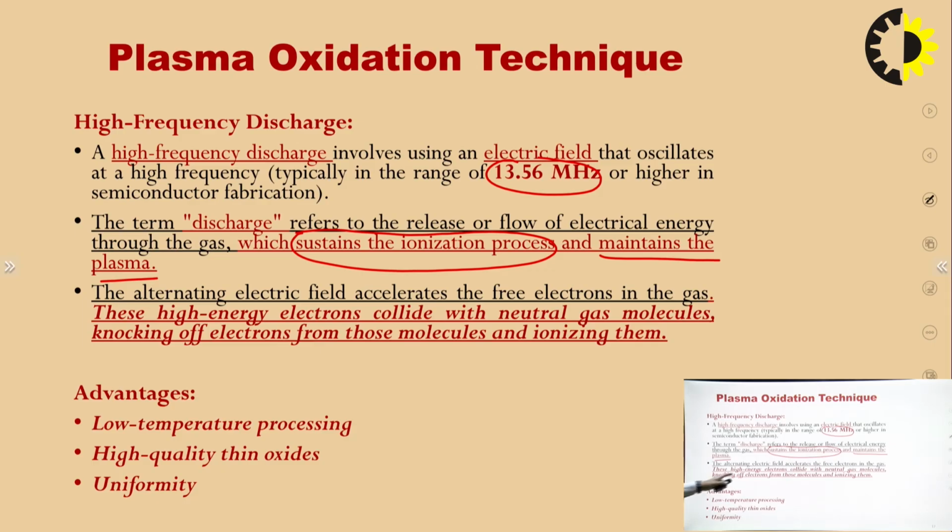The alternating electric field accelerates the free electrons in the gas, and these high energy electrons collide with the neutral gas molecules, knocking off electrons from these molecules and ionizing them. The advantages of this plasma oxidation technique are low temperature processing, high quality thin oxides, and uniformity. These are the important advantages of the plasma technique.